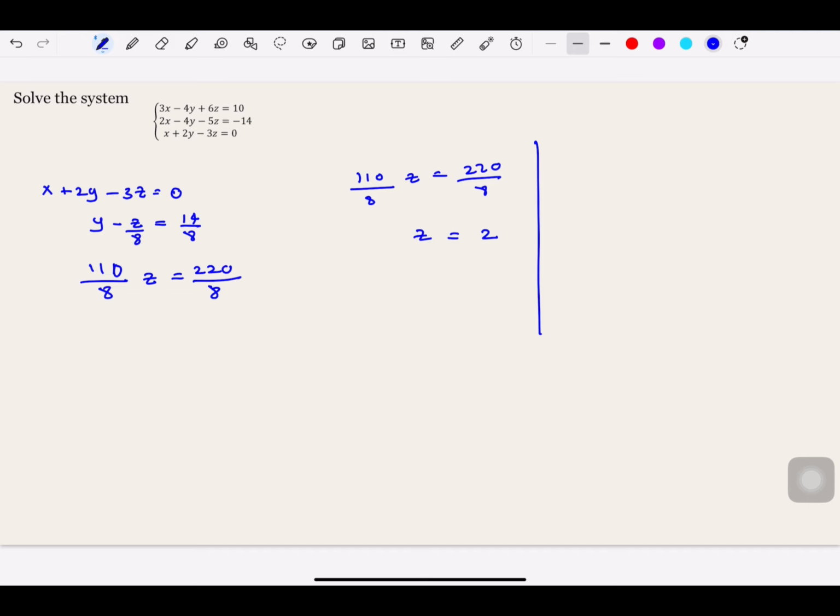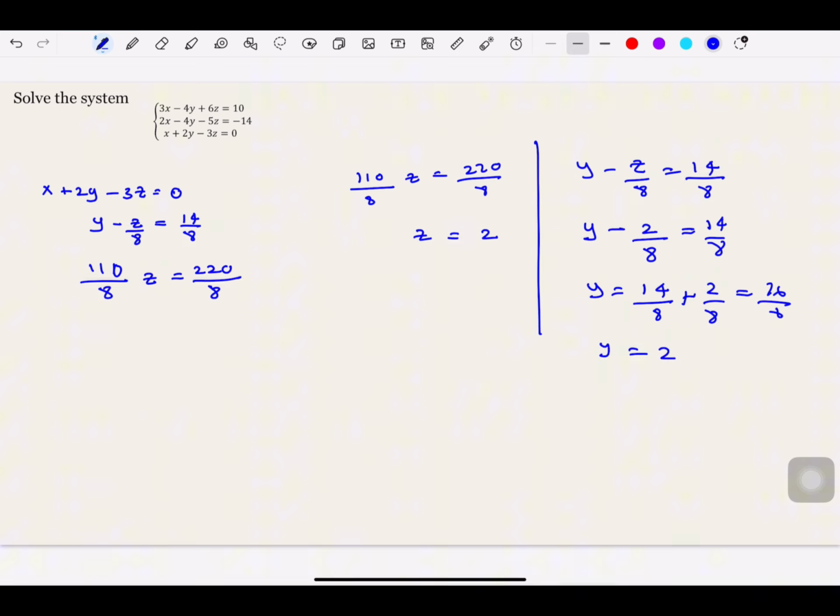Okay, moving on, to get the value of y, I'm going to use my second equation, which is this. So I'm going to substitute the values. So here you'll get 2 over 8 and this is 14 over 8. The value of y will be given by 14 over 8 minus 2 over 8. Okay, so here you have to add these two values. It's going to be 16 over 8, which means y is equal to 2. So these are the values.